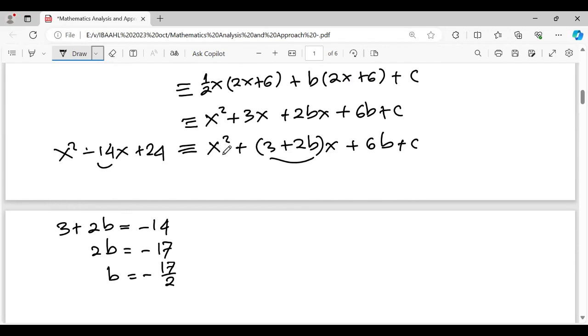We can as well determine c through this expression: 6b plus c equals 24.